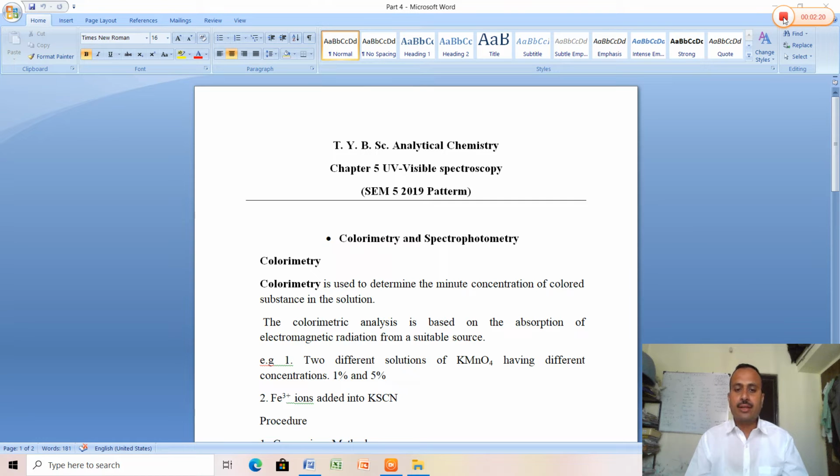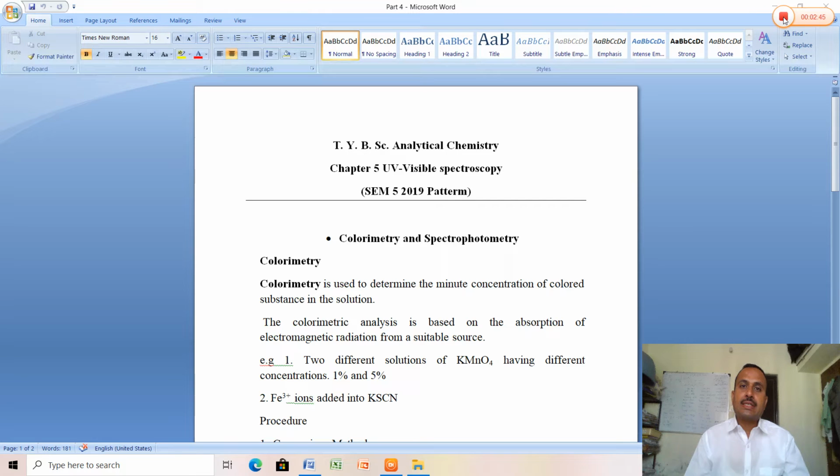The colorimetric analysis is based on the absorption of electromagnetic radiation from a suitable source. In colorimetry, basically, a tungsten filament lamp is used as a source of light, and a photocell is used to detect the intensity of transmitted radiation.